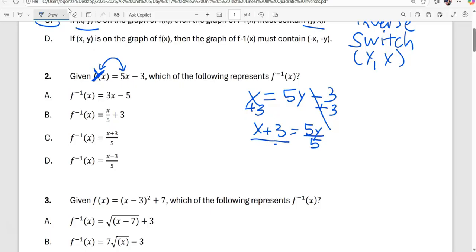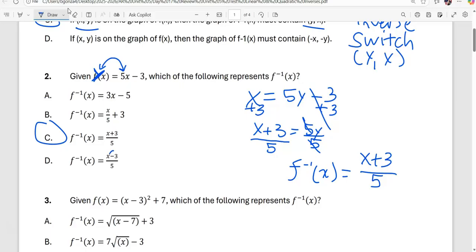The whole thing gets divided by 5. Okay? The whole thing. So now the inverse is x plus 3 in the numerator divided by 5 in the denominator. It's got to be C. Okay? Those are the distractors. This one only divides the first term. This has a minus sign, and then this is just wrong.